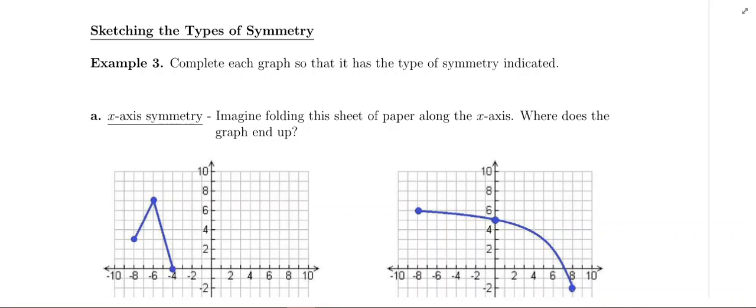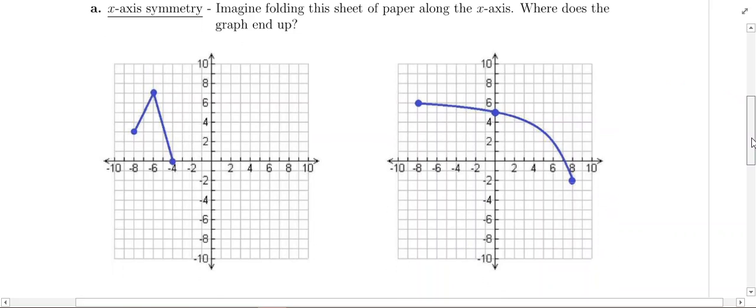So if you just glance through example 3, what you will notice is that I have some pictures, and basically it's these two pictures. This first picture looks triangular, and then this other picture on the right is more of a curve.